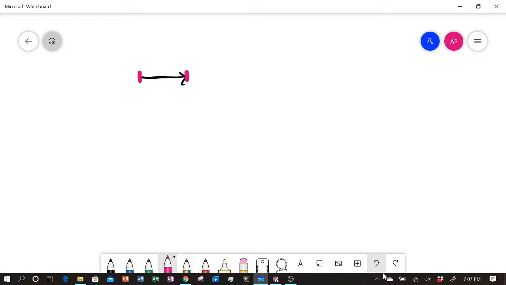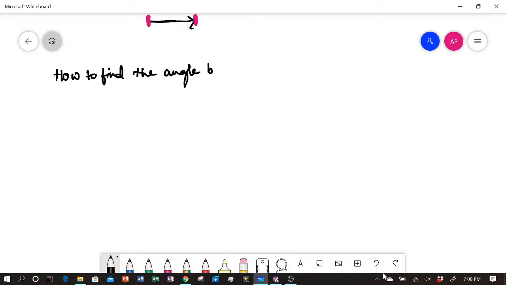Okay, so after that, I should not go for more of this theory part, but continue with a very basic concept, that is, how to find the angle between two vectors.